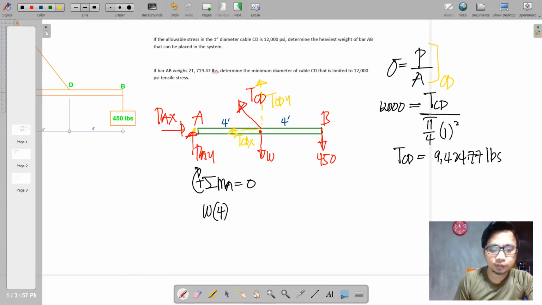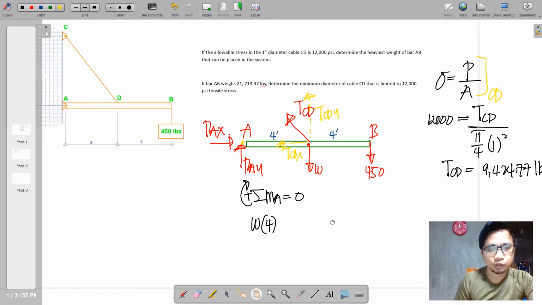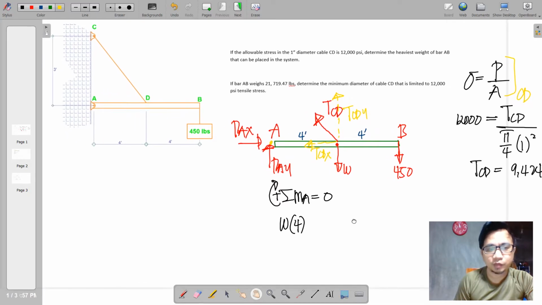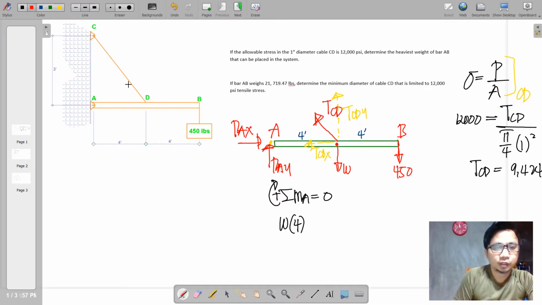So in this case, we need to establish the slope or some of the angles. Perhaps we can tag this as our reference angle, theta. So theta is actually the slope of the TCD force. And as we can see, TCDY is opposite our reference angle theta.